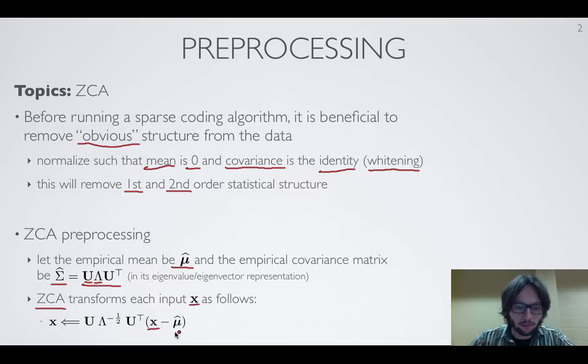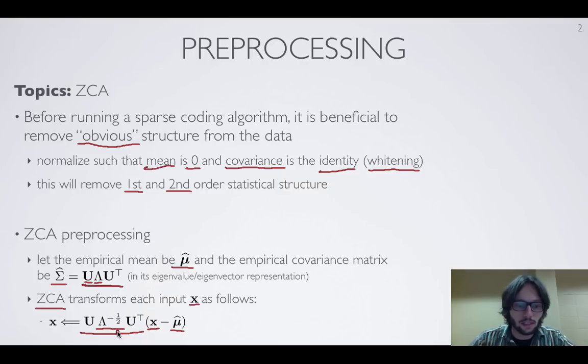Now ZCA is simply a linear transform that takes a given input and preprocesses it as follows. It takes the input, subtracts the empirical mean, and then multiplies by this transformation here, which is similar to this one here. The difference is only that the diagonal matrix in the middle is going to be lambda, where we've taken the diagonal terms and exponentiated them by minus 1/2.